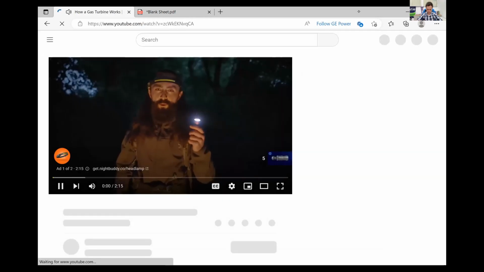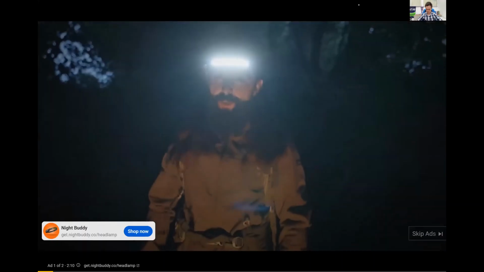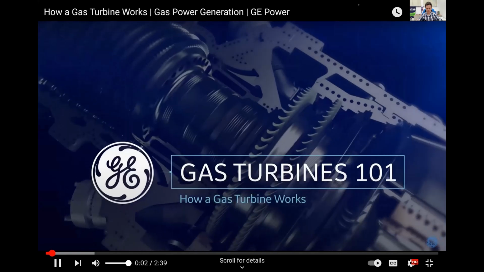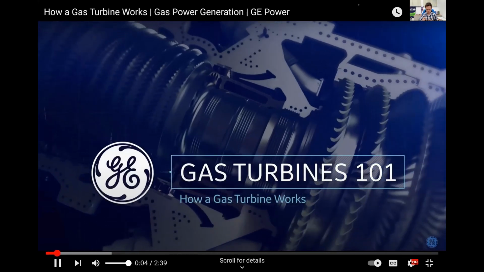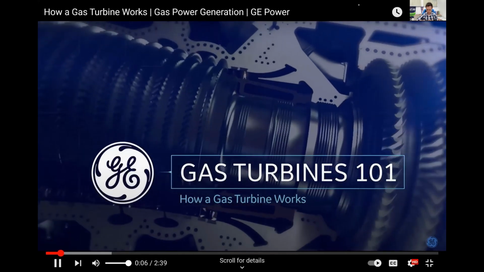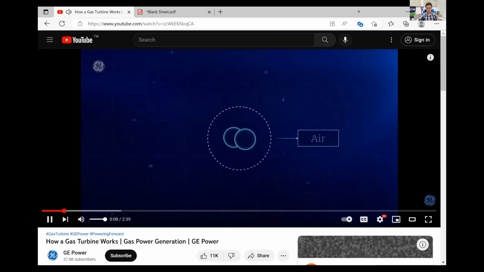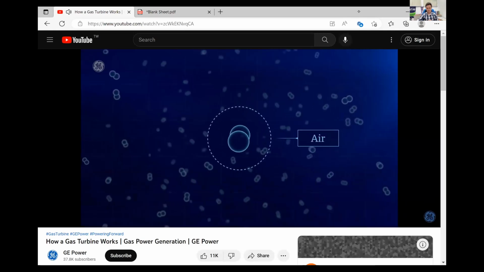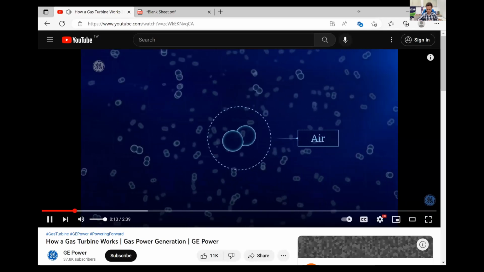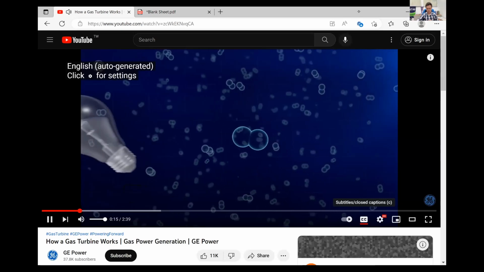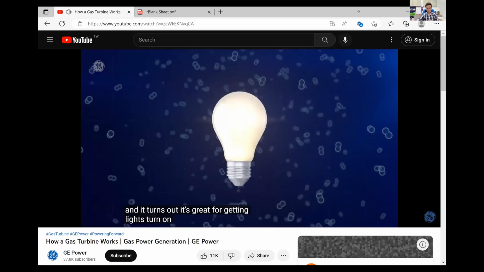This is the torch you use if you want to become barefoot. This is nightlight. Air, a lot of gaseous molecules floating all around us. It's great for breathing, and it turns out it's great for getting lights turned on.